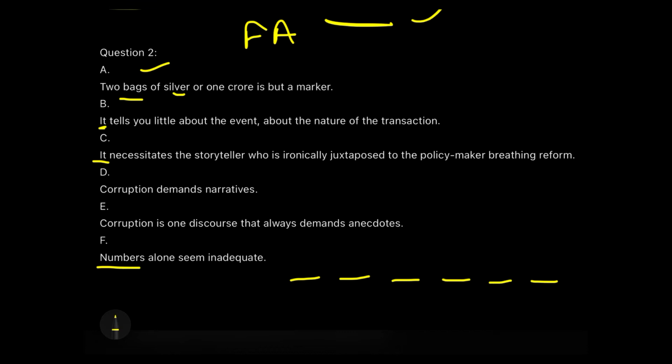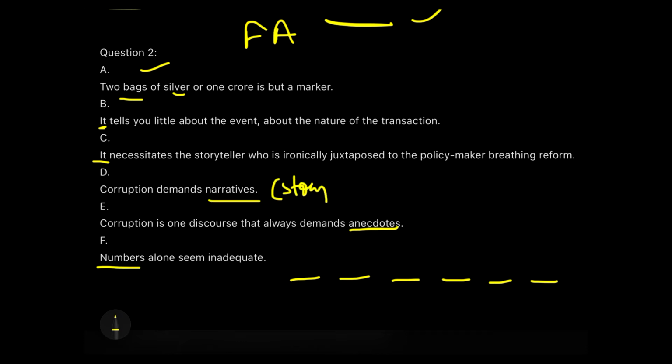Now the major concern is selecting D or E as the opening sentence. When you are in confusion, leave that for a while and try to create other connections. If I read sentence E, corruption is one discourse that always demands anecdotes. Anecdotes are examples. And here we are talking about corruption demanding narratives.